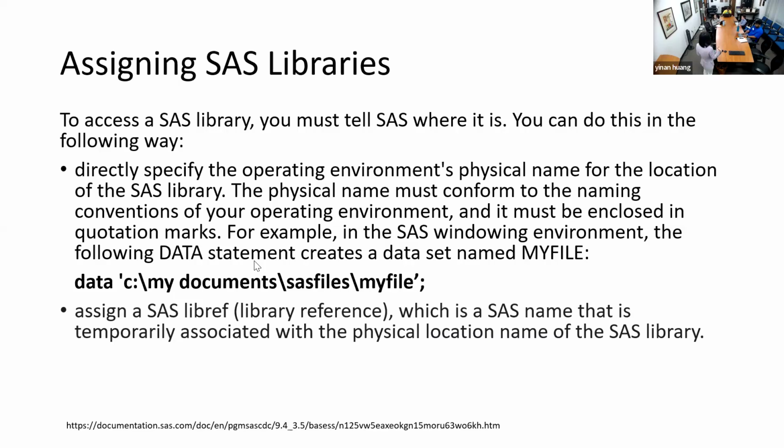This is definitely one key important point in today's lecture and this week's homework: assigning a SAS library. To access a SAS library, you have to tell SAS two things. One, what is the name of your library? Two, where is the path that you want to assign to this library?